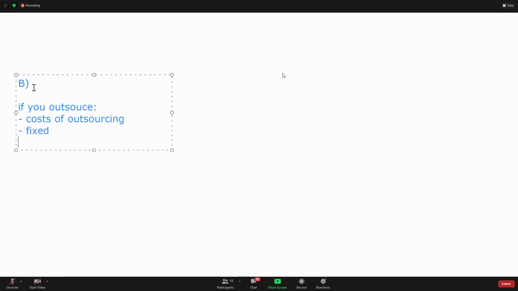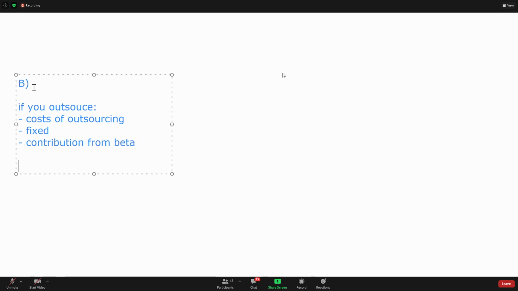Okay, so for question B, if we outsource, we will consider the costs of outsourcing, we will consider the fixed costs, and we will consider the contribution from beta.